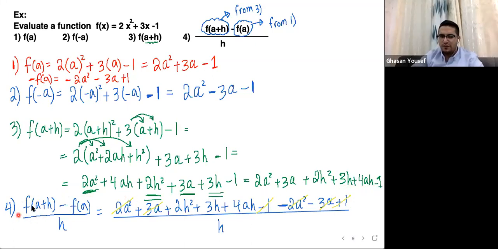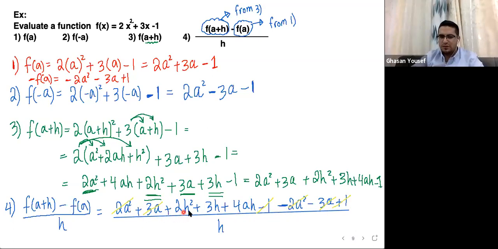Now the fourth one is by using part 3 and part 1, and we combine them together. After we combine them, there is something we cancel: the minus 1 with the 1, the minus 3a with the 3a, and also the minus 2a squared with the 2a squared.